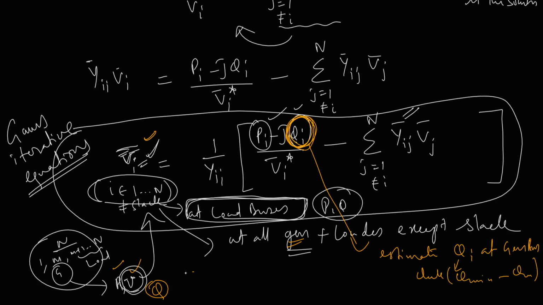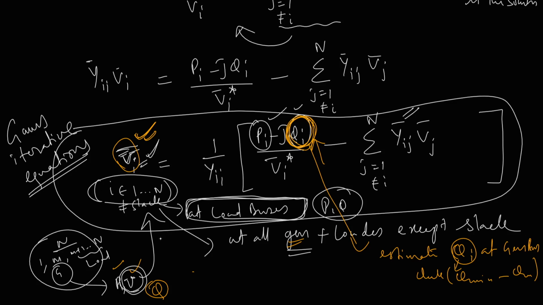Based on this procedure, we have to fix one particular Qi here and take that value here to evaluate the voltage Vi at the generator bus. Okay, I will come to that algorithm next class, hopefully.